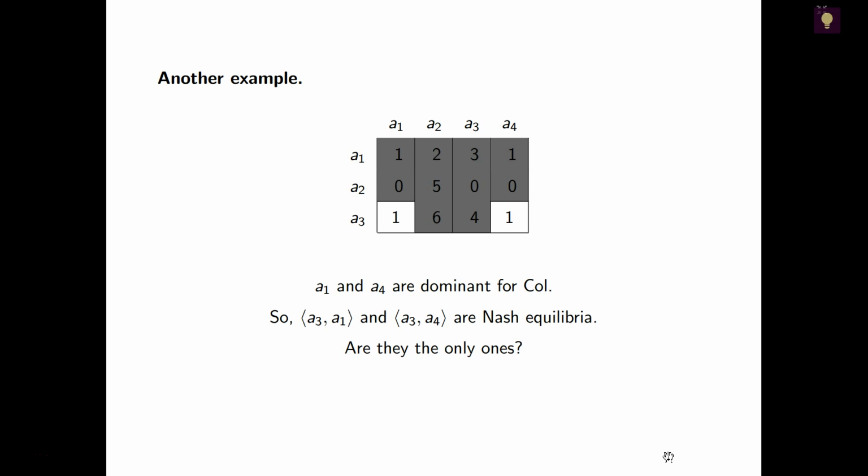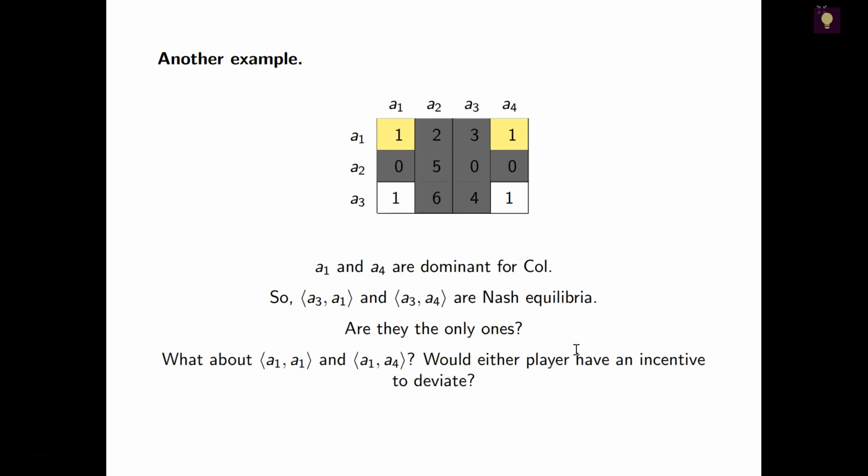But are they the only Nash equilibria of this game? They're not. If we had started by looking at row's dominant strategies, we would have seen that row would only play A1 or A4. They strictly dominate A2 and A3.